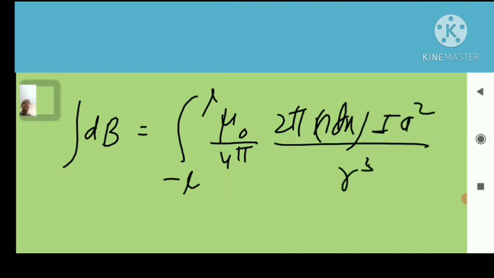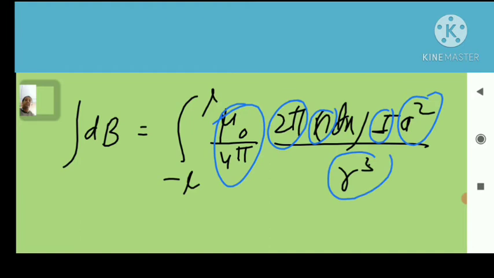We integrate this, and these are the constant terms. 2 pi is a constant term. n is a constant, I is a constant, the radius of the coil a is a constant, and r, I mean the distance of the point P where we have to find the magnetic field, is also constant from the origin. So r is the distance from the center to the point P, and that is also constant here.